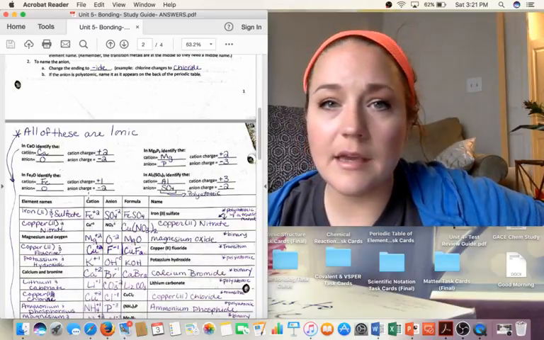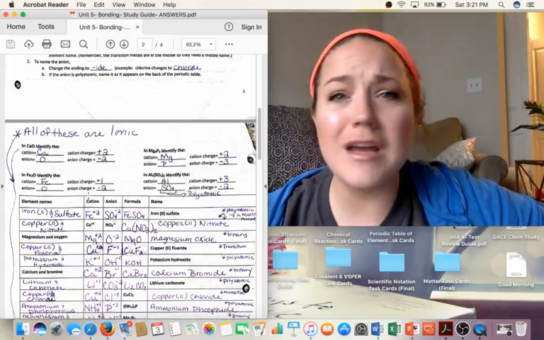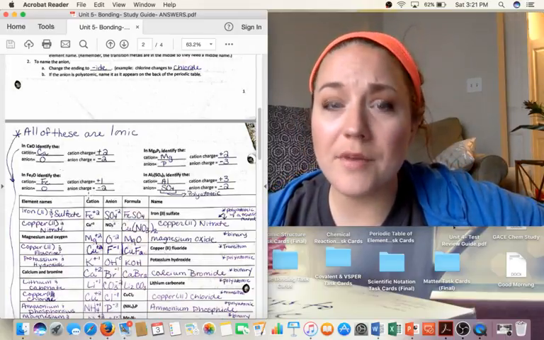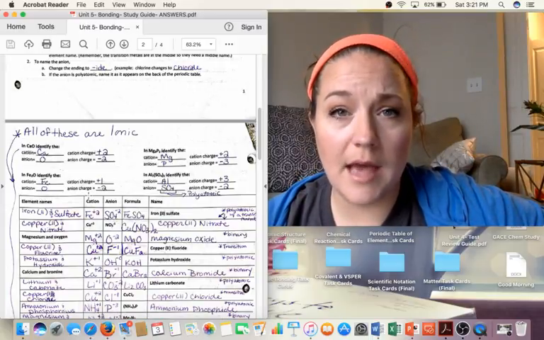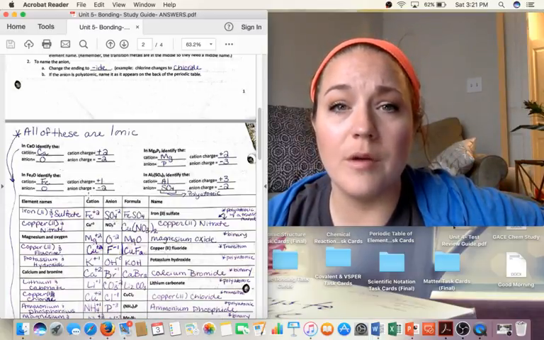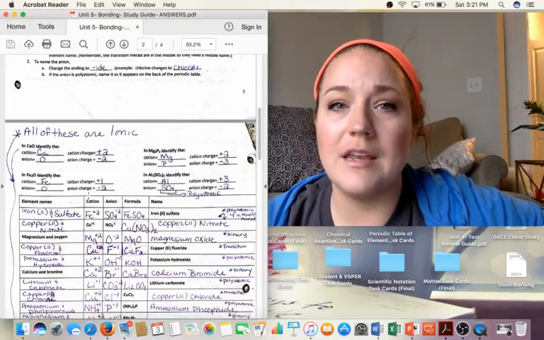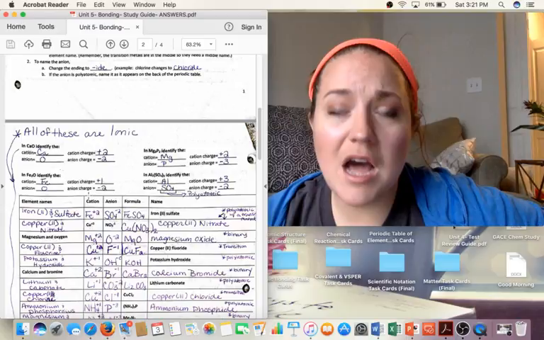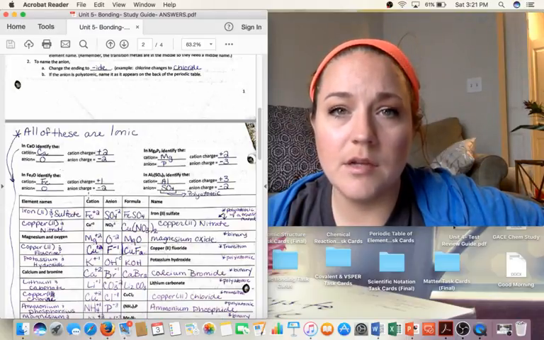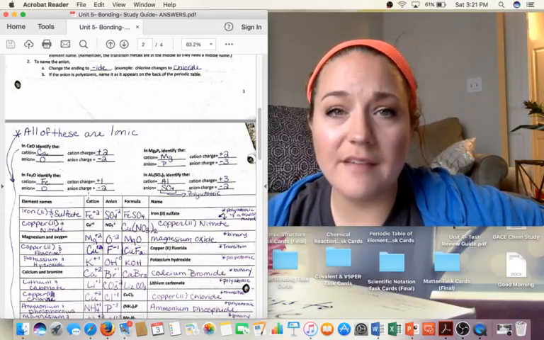And let me express very strongly, you do not need to know or memorize the polyatomics. You need to know how to write them out when they form a relationship within an ionic formation, but you do not need to memorize them. You will have them on the back of your periodic table during the test.